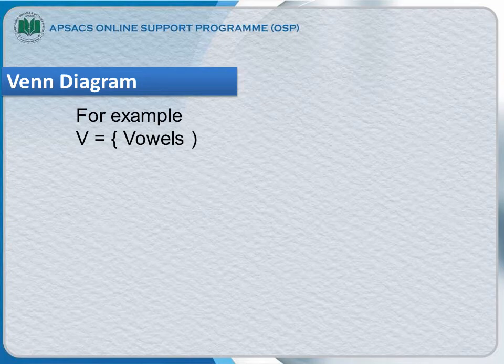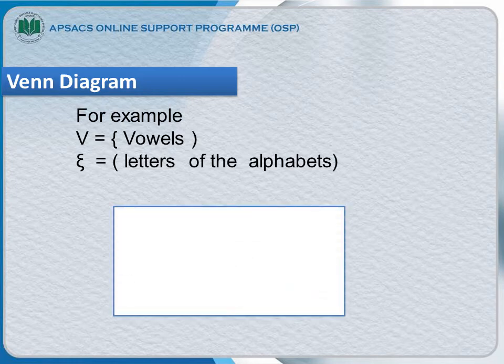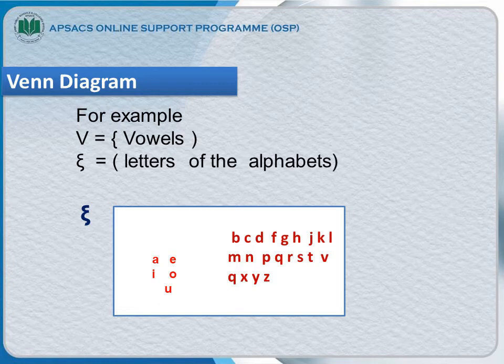Suppose we have a set of vowels and we choose the universal set as the letters of the alphabet. We draw a rectangular box, represented by psi, the universal symbol, and place all the letters of the alphabet somewhere within it. The vowels set is shown by this circle inside the rectangle, and we represent this set by capital V.